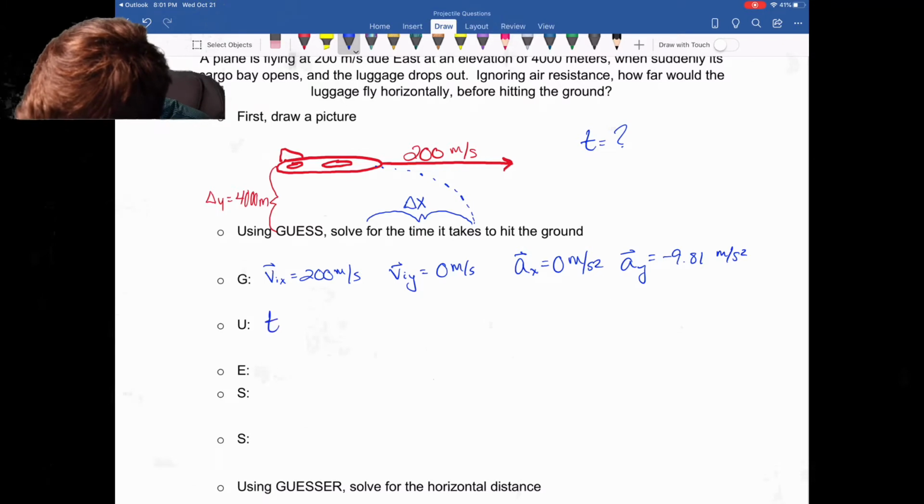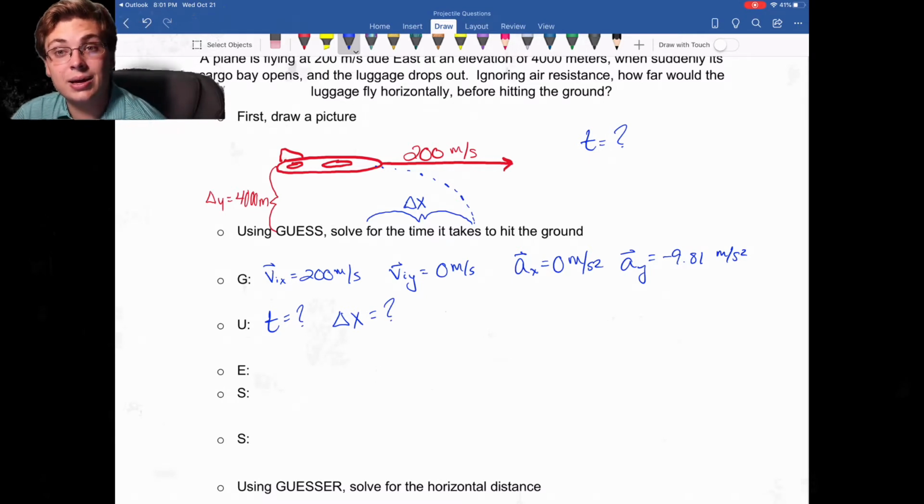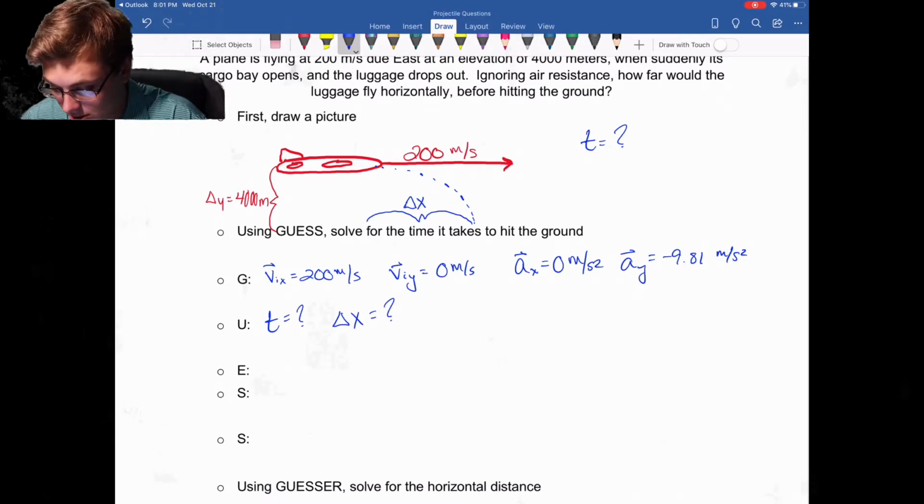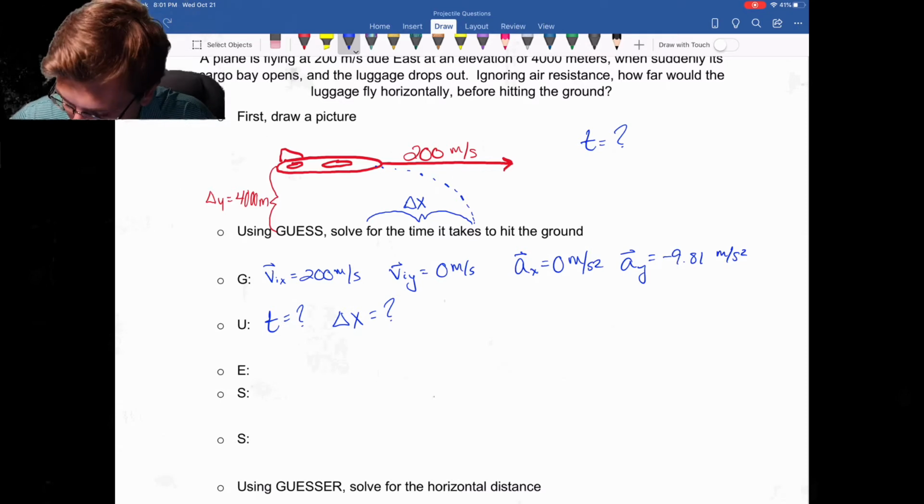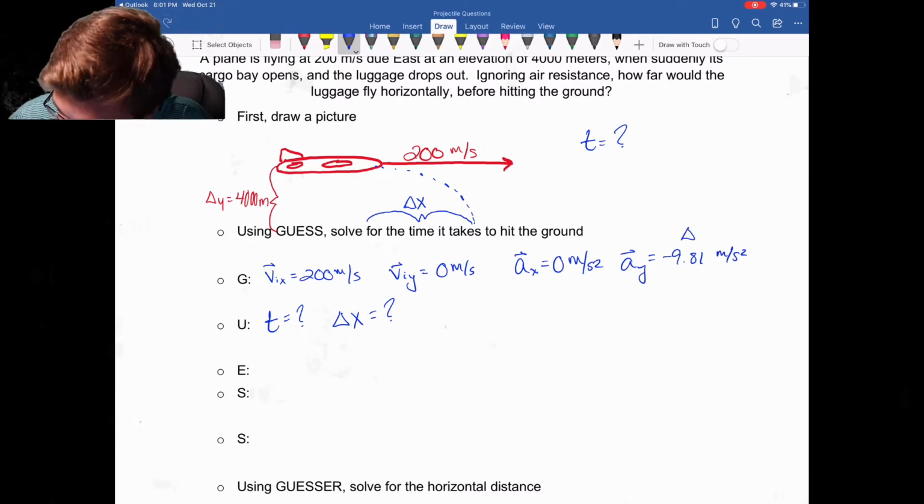Now we don't know time, and we don't know our change in x. We're going to use time to find our change in x. By the way, we also have change in y equals 4,000 meters down, so I'm going to put a little negative here, since that means down.